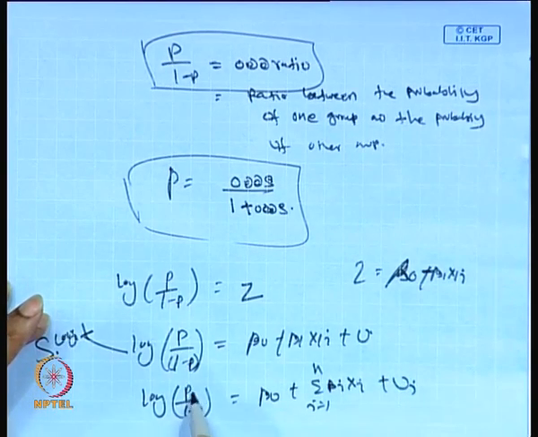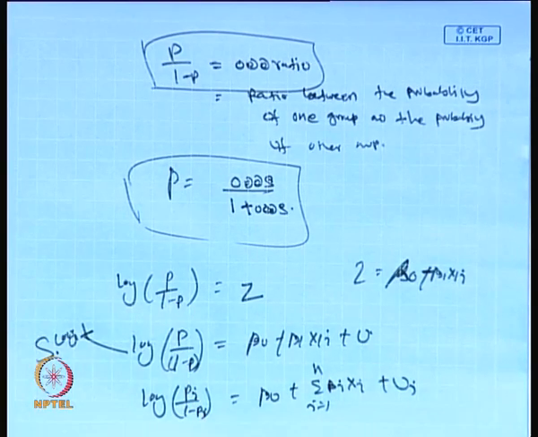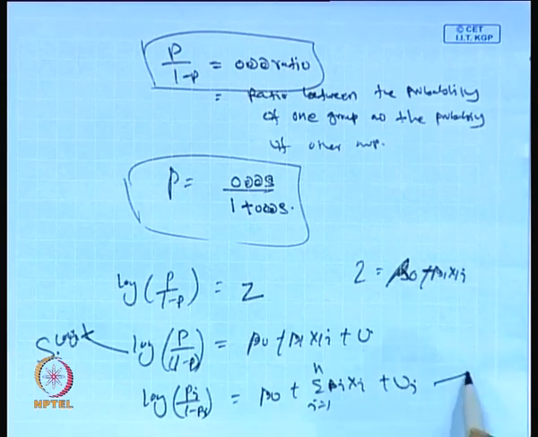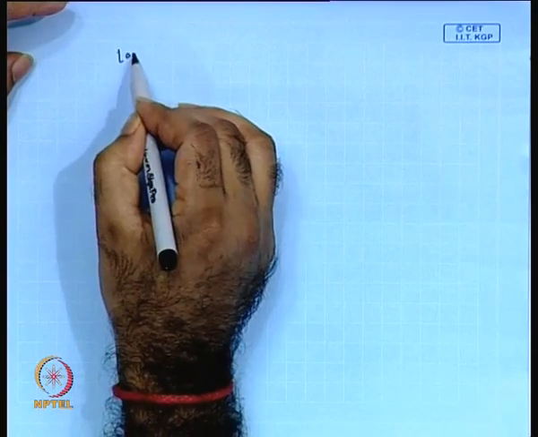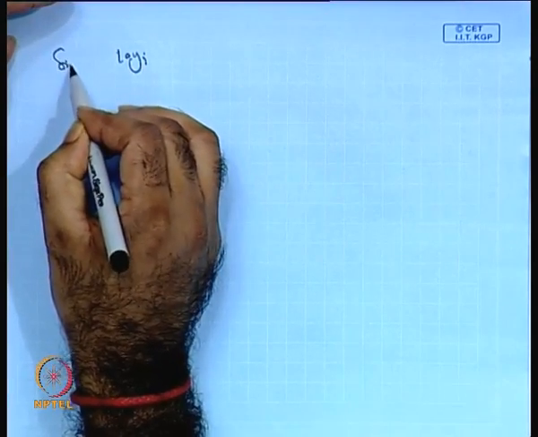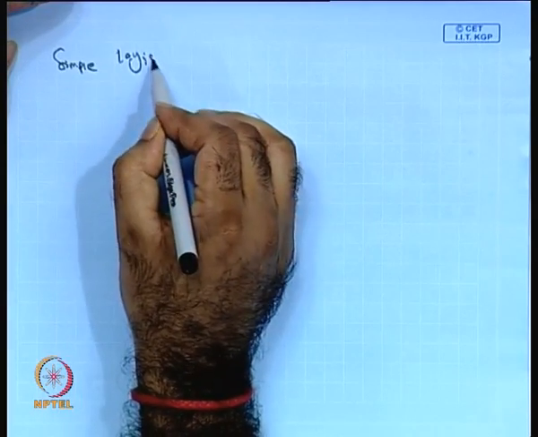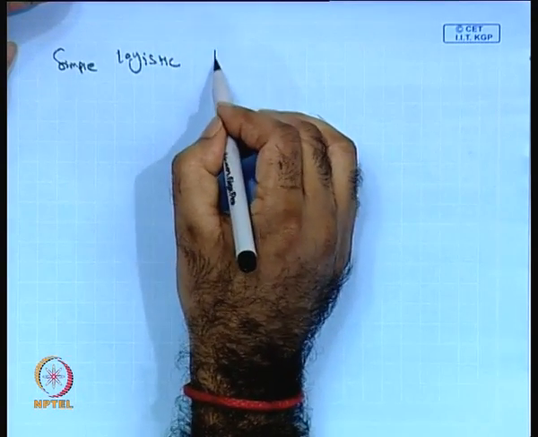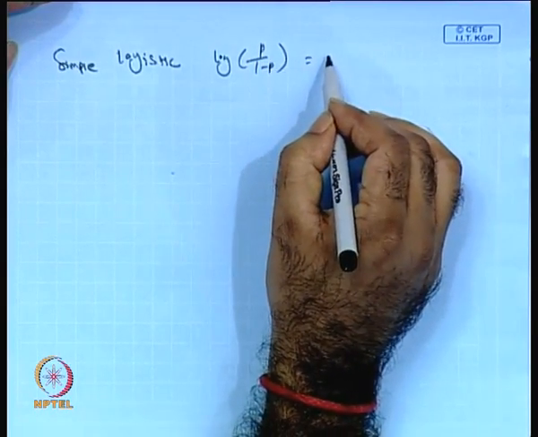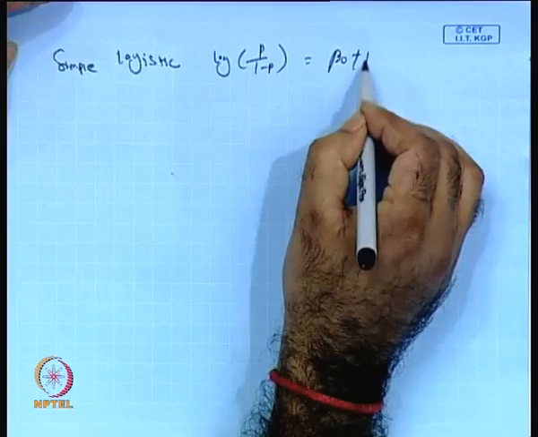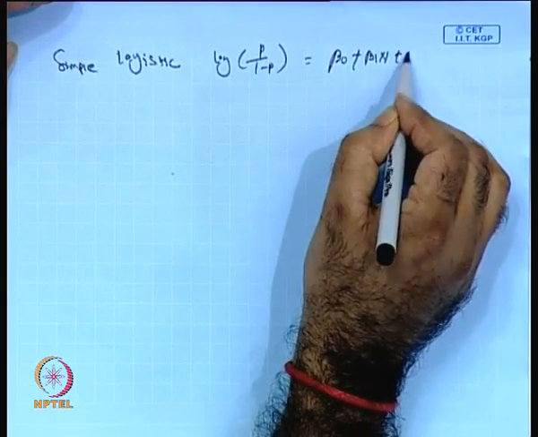Okay. So, this is obviously i is here. This is the multivariate logistic model, and this is the simple logistic model, so that means you just summarize. The simple logistic model is log p by 1 minus p equal to beta 0 plus beta 1 x 1 plus u.